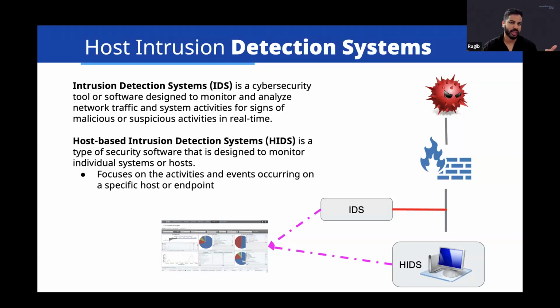AI is already built into modern security platforms like CrowdStrike, SentinelOne, Microsoft Defender, right? These platforms already use AI to detect suspicious behaviors in real time, analyze massive volumes of data, spot patterns that humans would miss, and predict future threats based on current threats, right?